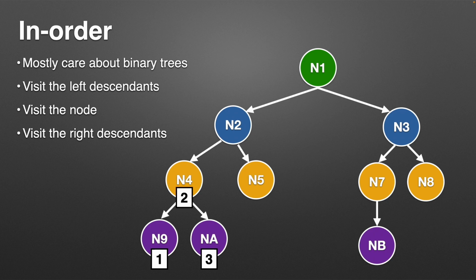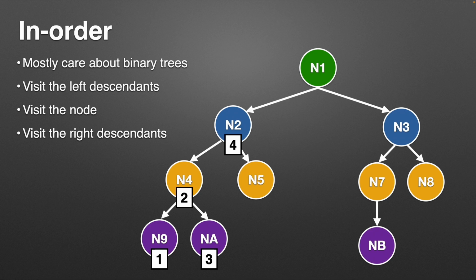So we're going to come back up here, where everything's been done, which brings us back to N2, where we have already done the first part, which is to visit the left descendants of N2. That's all done. So now we're going to visit N2 itself, and that'll be our fourth node that we output.